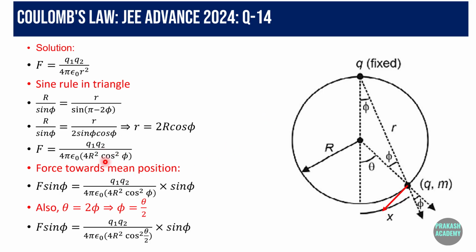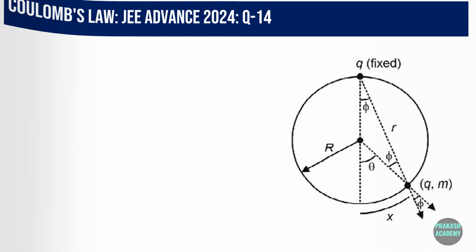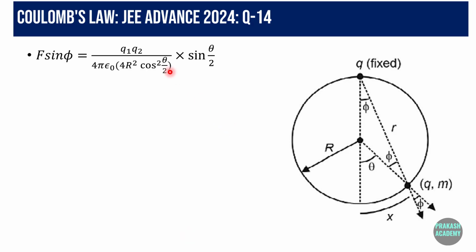So let us write. I have F sin phi is this, and then I can write phi equals theta by 2. So this is 4r square cos square theta by 2, and this will be sin theta by 2. So the force in the tangential direction is this one.